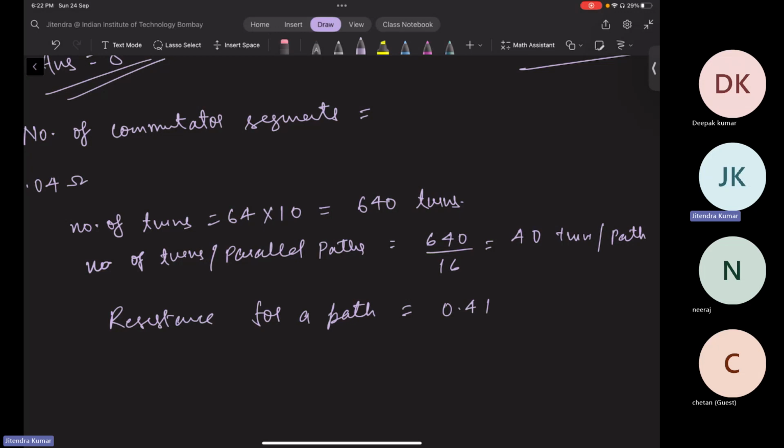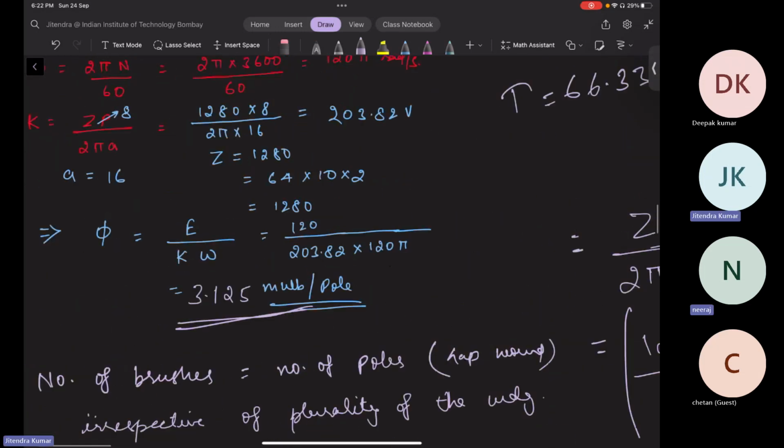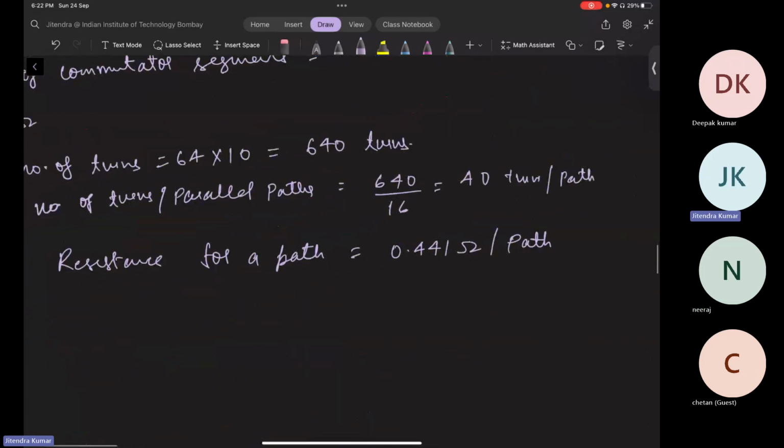Essentially, for one turn the resistance is 0.011 ohm, and in each path there are 40 turns, so that leads to 0.44 ohm per path.